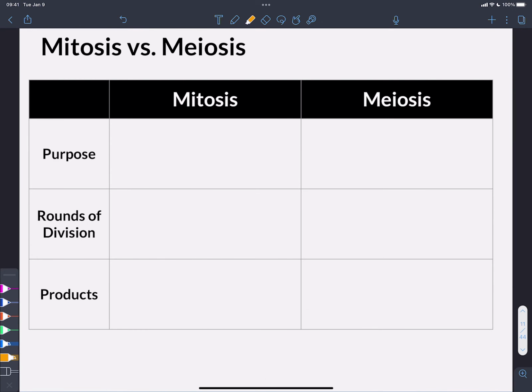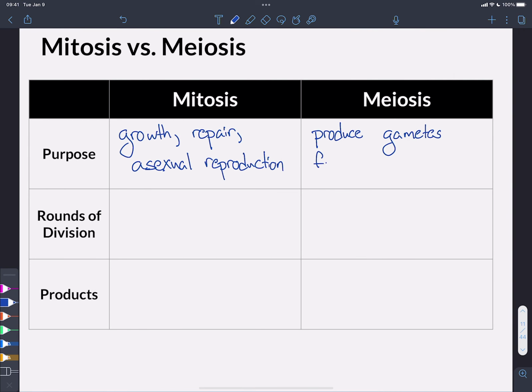It's probably a good idea to compare mitosis and meiosis here at the end of this video, and so this chart helps us do this. The purpose of mitosis is for growth, repair, and asexual reproduction, whereas the purpose of meiosis is to produce gametes for the purpose of sexual reproduction. In mitosis, there's only one round of cell division, whereas in meiosis, there are 2 rounds of cell division with no replication in between.